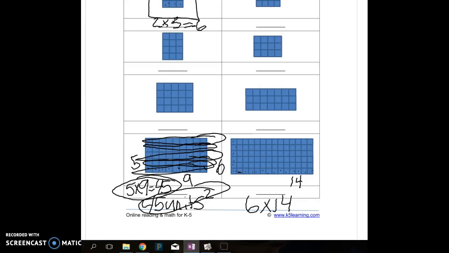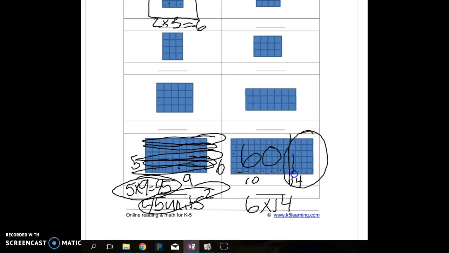There's no other ones that are this big. My thinking for this is, since I don't have 6 times 14 memorized, I do have 6 times 10 memorized. So 1, 2, 3, 4, 5, 6, 7, 8, 9, 10. I'm going to draw a space right here and pretend that I'm splitting it up. I didn't change how many squares are there, I just cut it. 6 by 10, I do know is 60 unit squares, but I still have this space over here left.